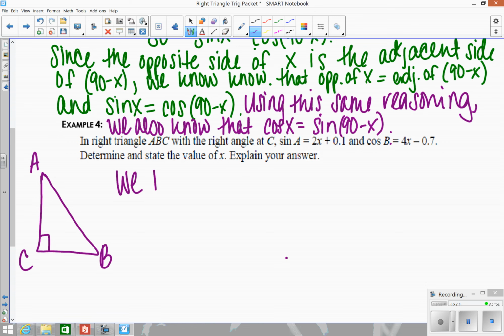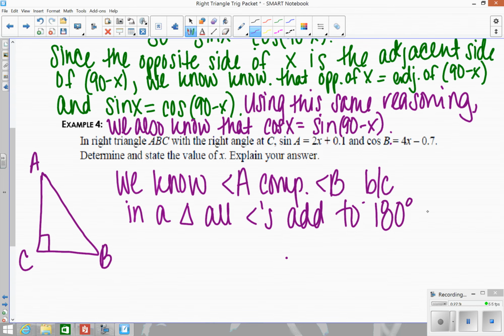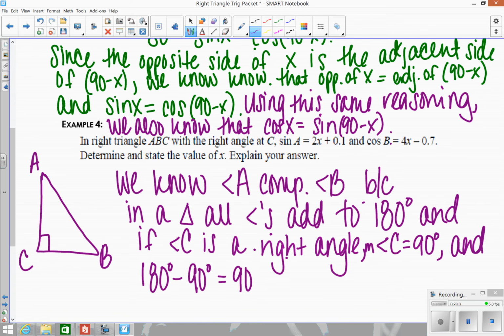We know angle A is complementary to angle B because in a triangle, all angles add to 180 degrees, and if angle C is a right angle, the measure of angle C equals 90, and 180 degrees minus 90 degrees is 90 degrees.